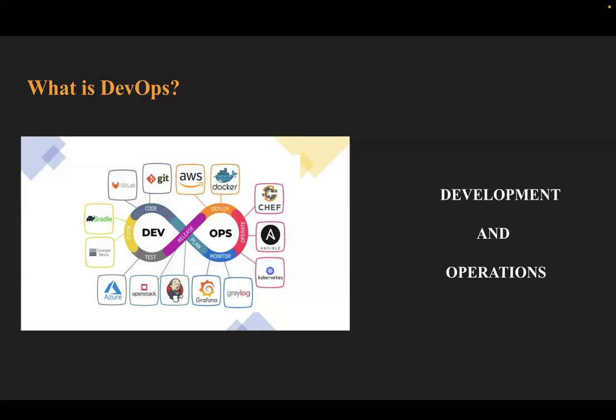For deployment or orchestration, you use Kubernetes. For monitoring, you use Prometheus and Grafana. So each stage in DevOps involves a set of tools, and you need to use those tools in order to achieve the DevOps principles.